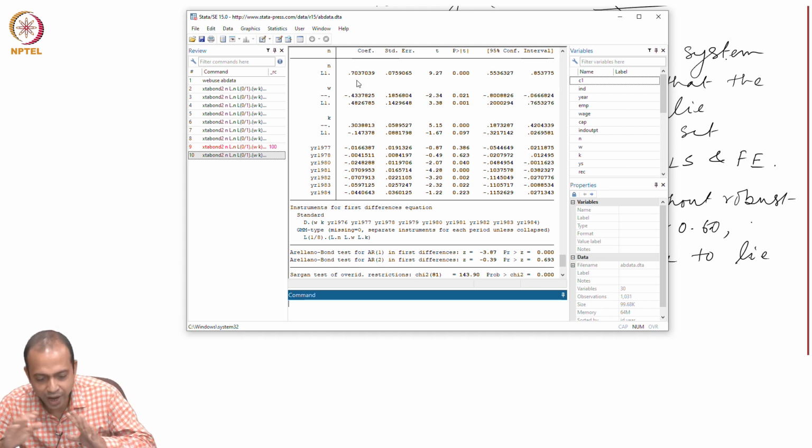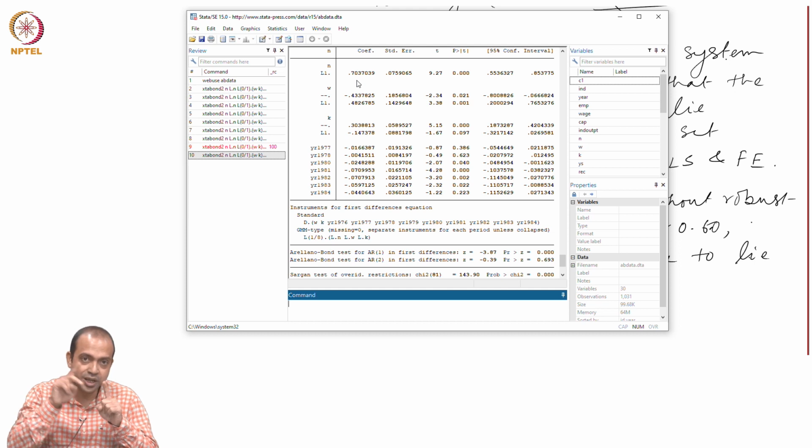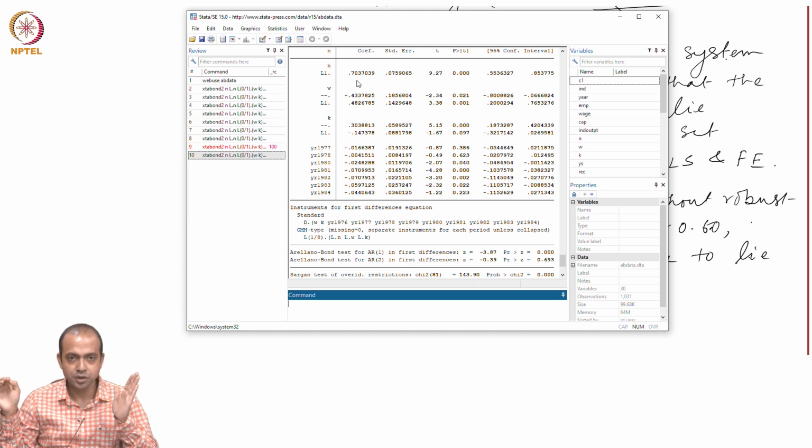So, I would like to summarize today's discussion, what we learned. There are two variants of GMM estimates, one step and two step, both in the context of difference and system.